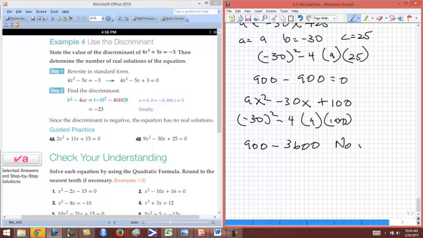No real roots. Complex roots, yes, great. We love these complex roots, but none of them are real. The graph does not cross the x-axis. Okay, that's it. Head for the homework. I'll send out something for the homework.